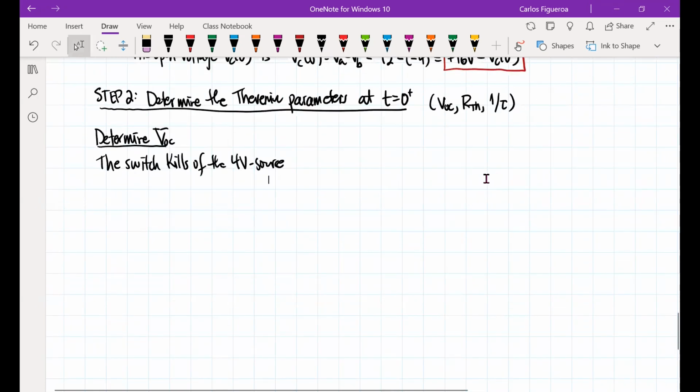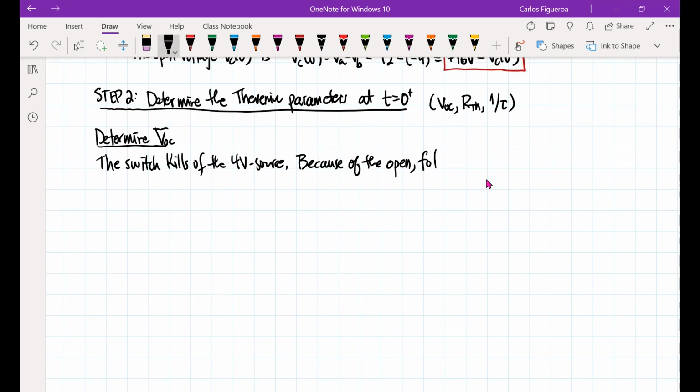If that's the case, because of the open, I'm going to follow the current of the 4 ohm source here. So I'm going to draw this.